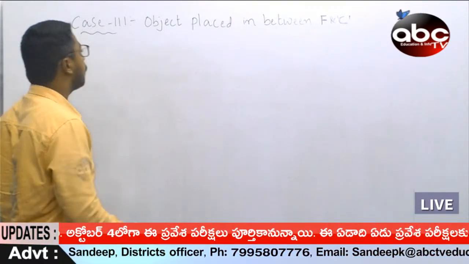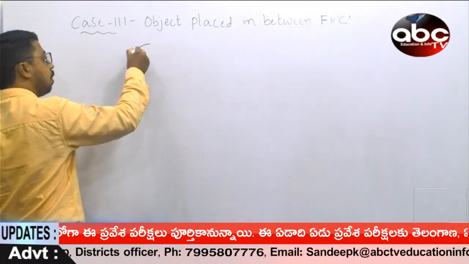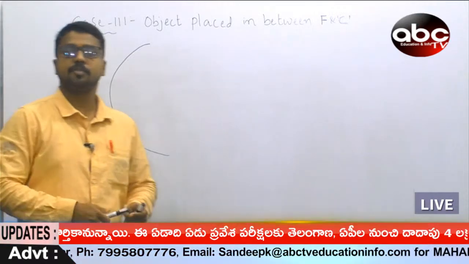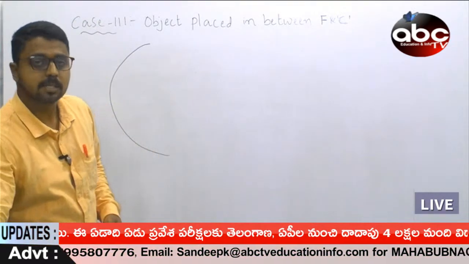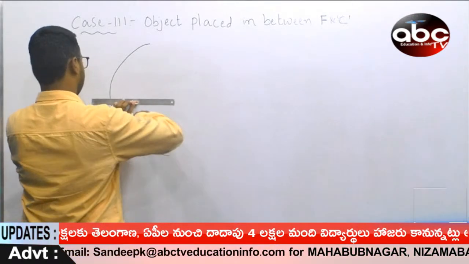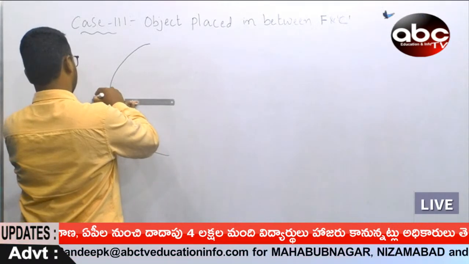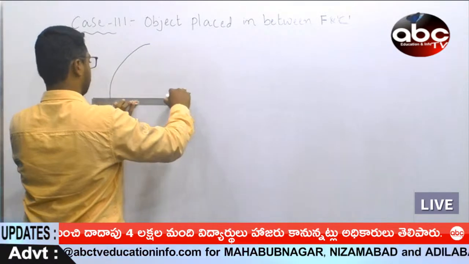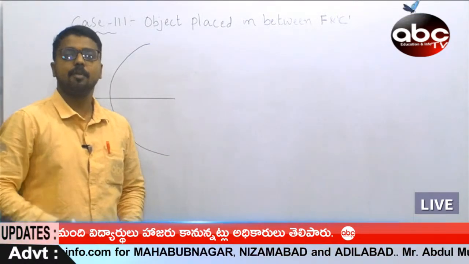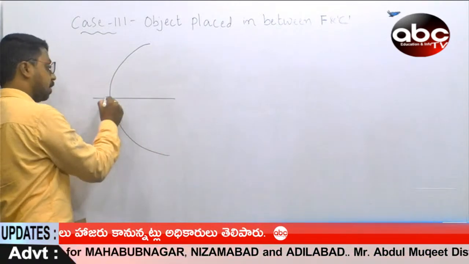Let us go on to the diagram. Of course, all the diagrams we are very familiar with. This is nothing but the concept of a concave mirror. Okay, let's be back to our topic.